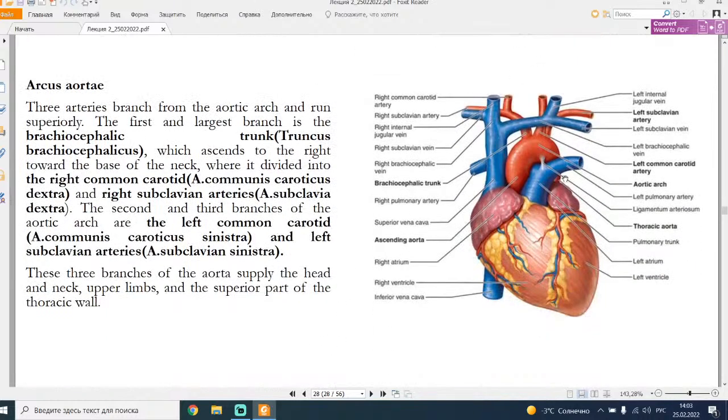Arcus aortae, in Latin. 3 arteries branch from the aortic arch and run superiorly.